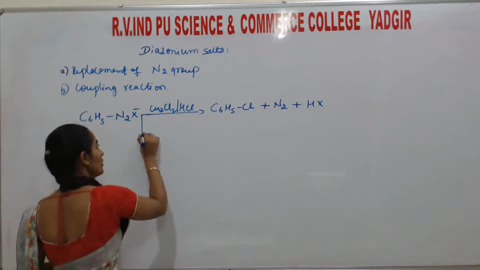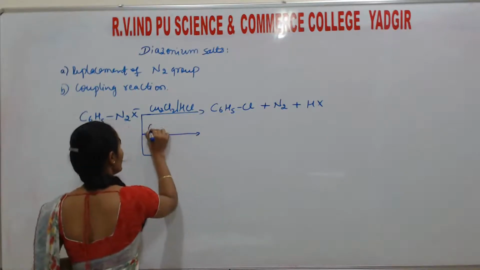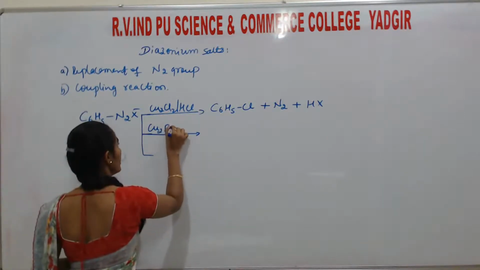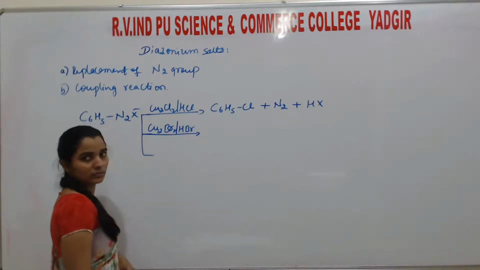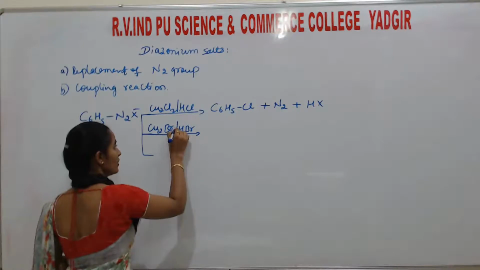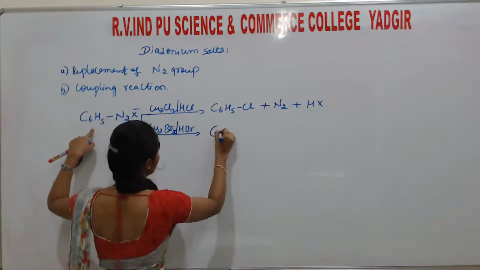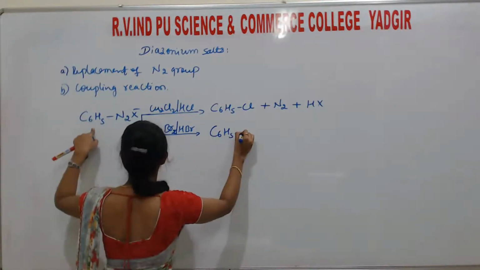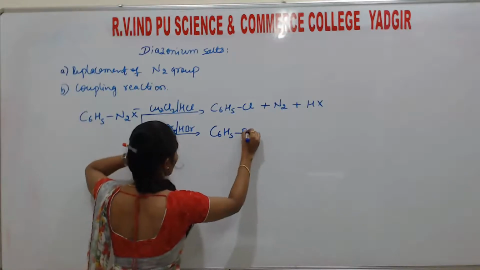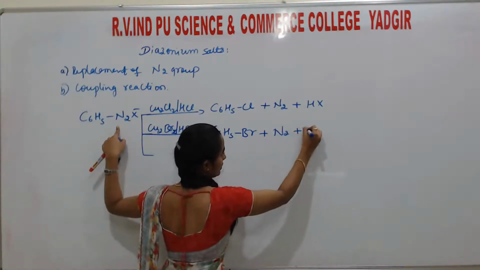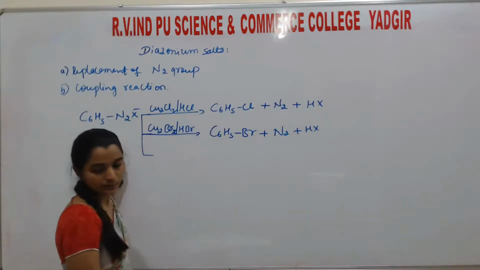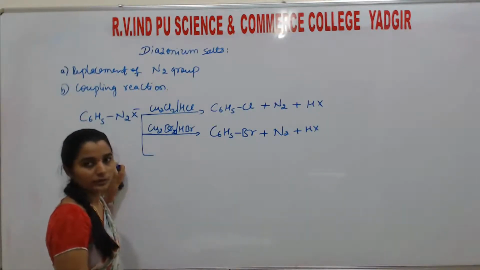Understand? So if we want bromide, you may take Cu2Br2 in presence of HBr. If you take Br, you will get C6H5Br plus N2 plus HX. Okay?